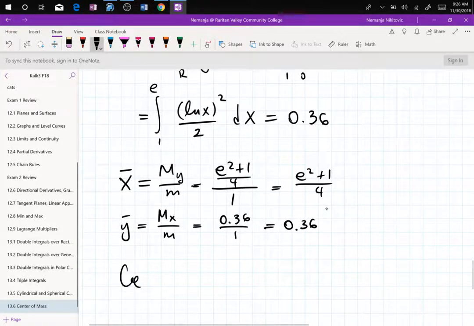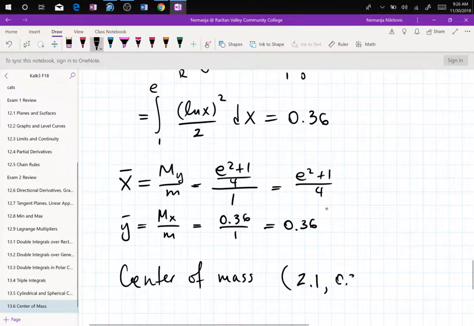And the center of mass is at, so what is e squared? What do I have there? 0.25 times e squared plus 1 is 2.1. So I have 2.1 comma 0.36.